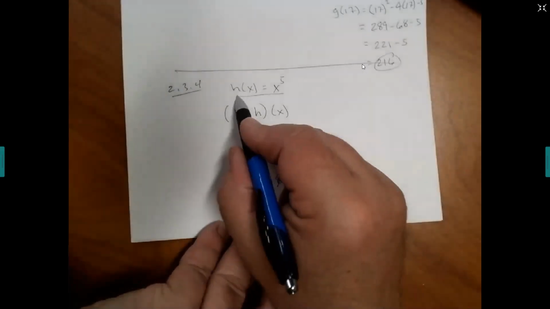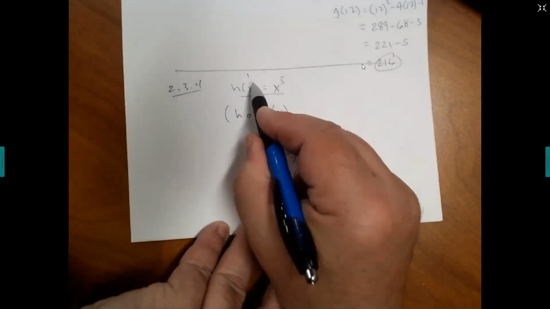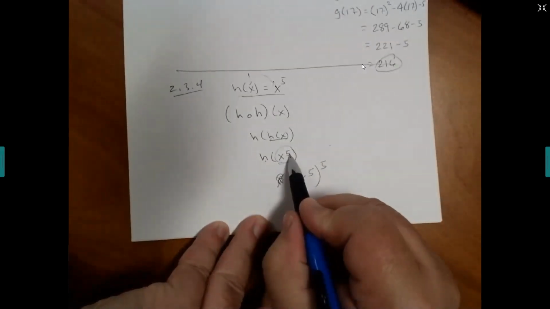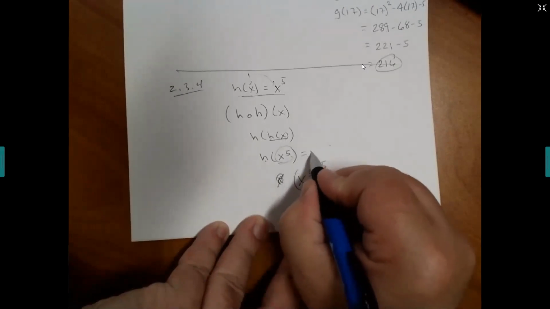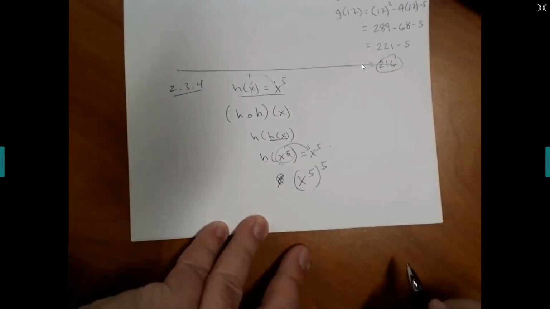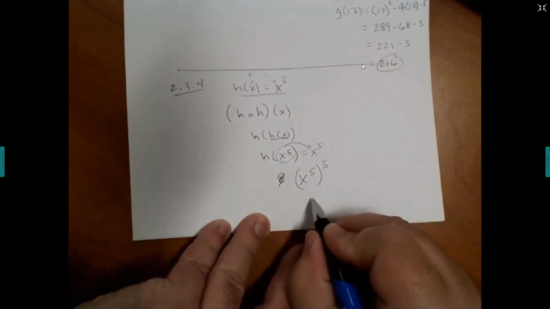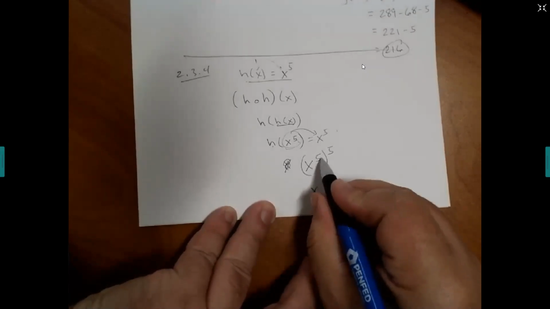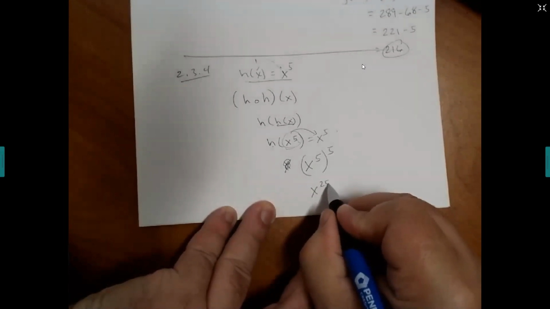But this is h of x. Whatever we put inside here, we put inside there. Since we put x to the 5th inside there, that means it goes there. We'll see later on that whenever you have a power to a power, you multiply.